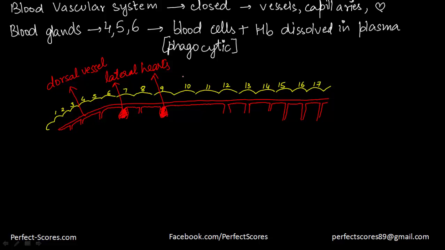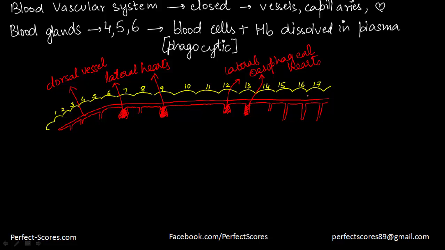Coming to this one near segment 12 and 13, these extensions are again swollen. These are hearts, but they're not lateral. These are actually lateral esophageal hearts. So you can label it like this.